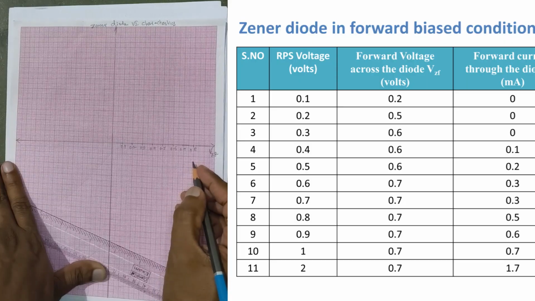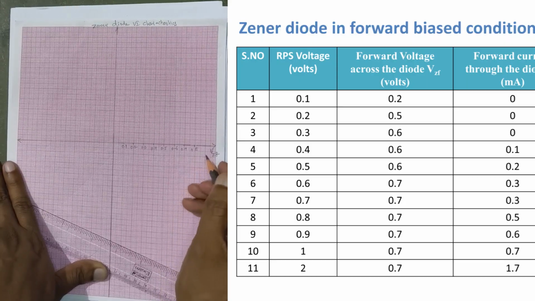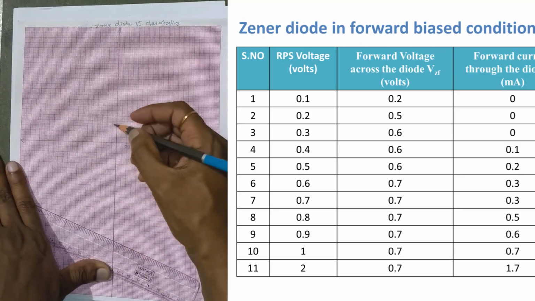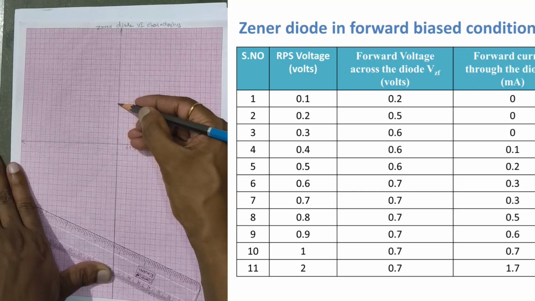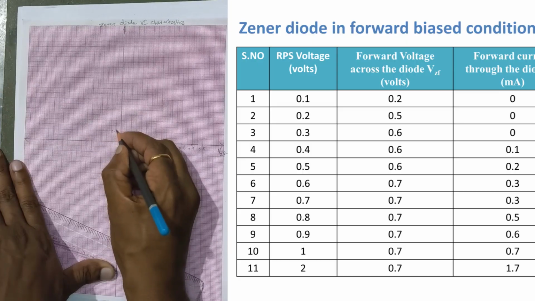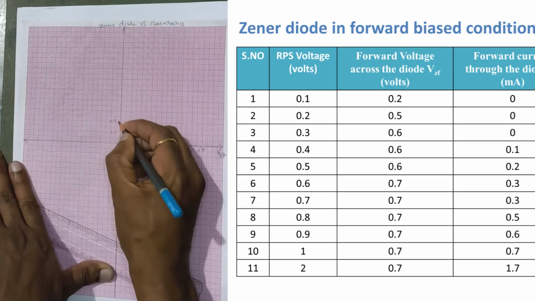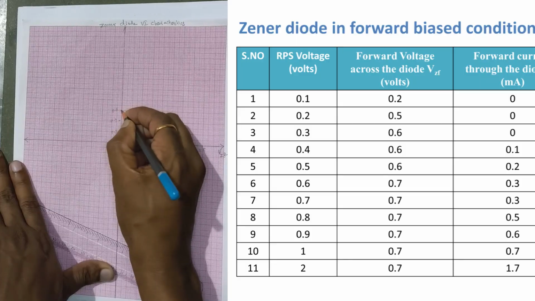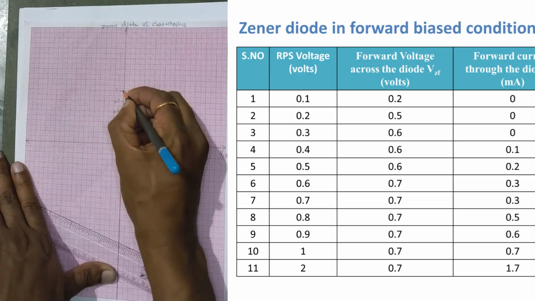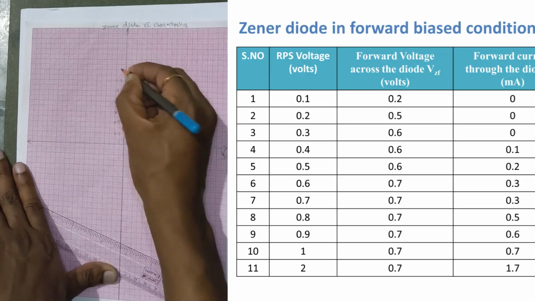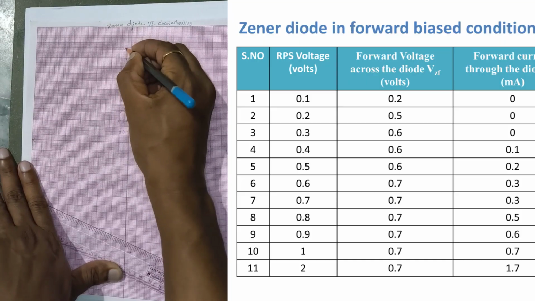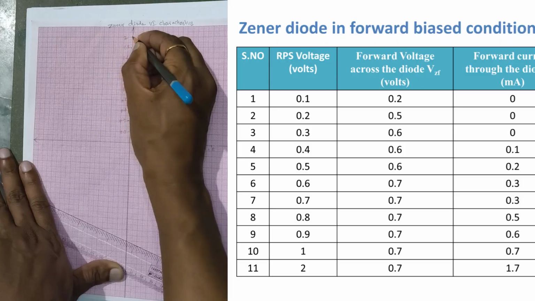Corresponding to the values of current, the maximum value of current is 1.7. You can observe that if you take 0.5, the maximum value will be up to here only. You can consider 0.2, 0.4, 0.6, 0.8, 1, 1.2, 1.4, 1.6, 1.8, 2.